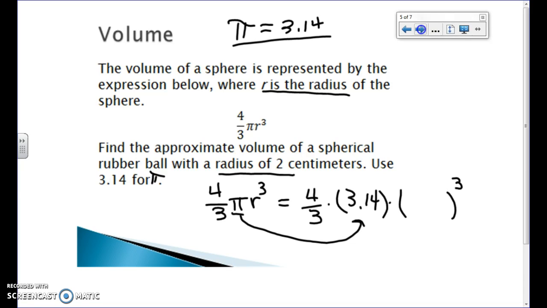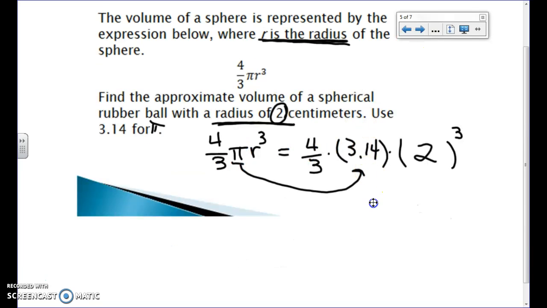And for the radius, I'm going to use 2. It says that r represents the radius in the problem, so I know when it says the radius is 2 centimeters, I can plug a 2 in for the r. I think I might need a little more extra room for this problem. Okay, that'll be good. And so what we have here is we're just working with this part now.